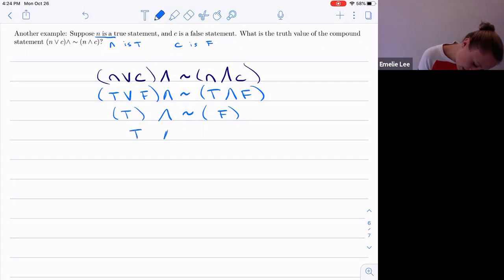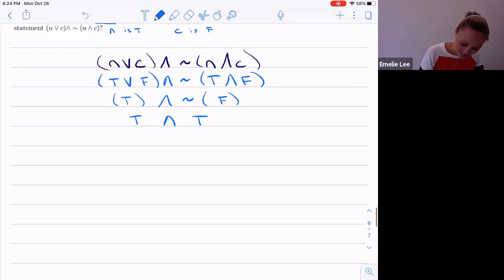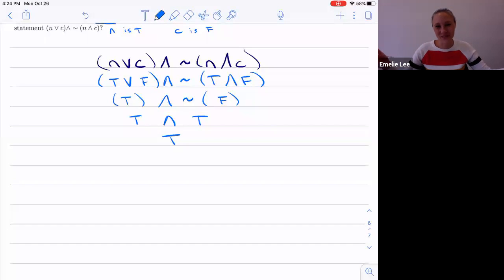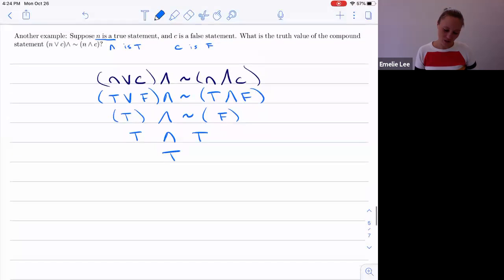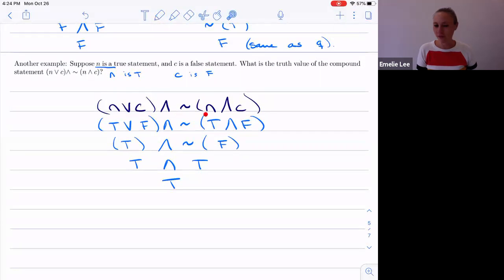So I've got T and T, dynamite. True. So this whole statement, whatever garbage this is from, it's a pretty big statement. Overall, if N is true and C is false, then the overall statement would be true.